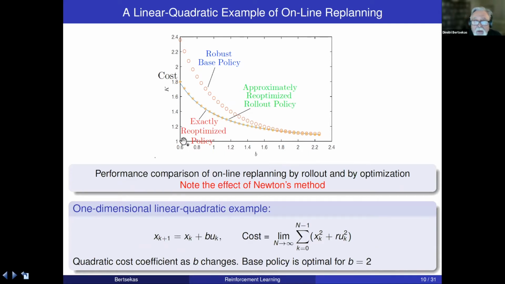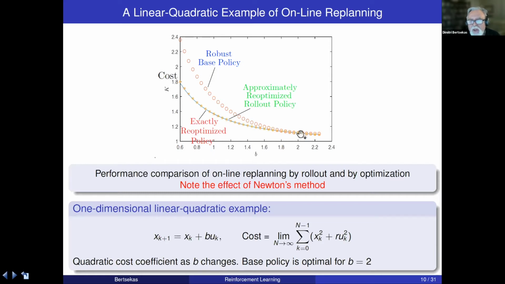So in this example, in this figure, we have the changing parameter B on the horizontal, and the cost function, the quadratic cost coefficient of different policies on the vertical. And we have a base policy that is optimal for B equals 2. And the bottom curve here gives the cost of the exactly re-optimized policy. So this is the optimal that you can get for every possible parameter value.